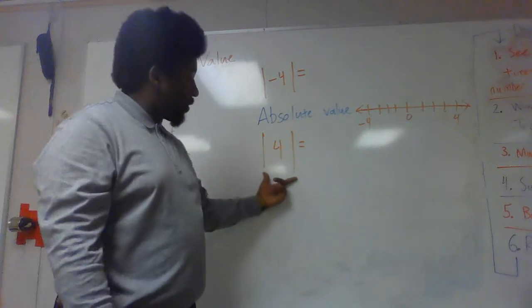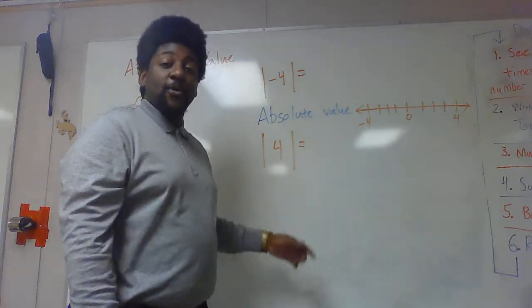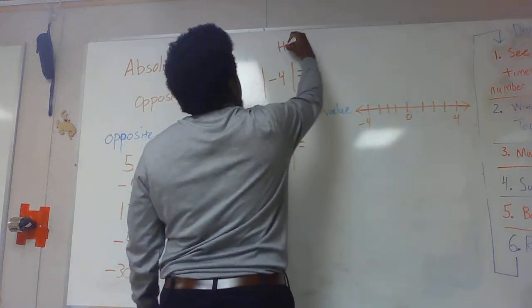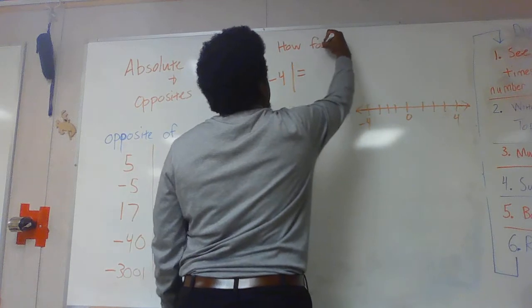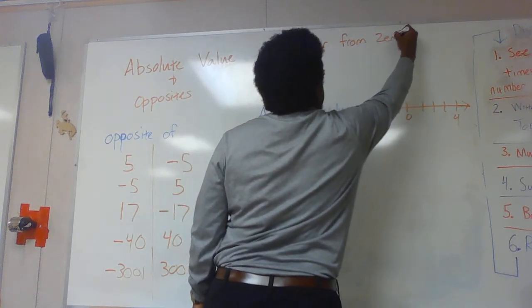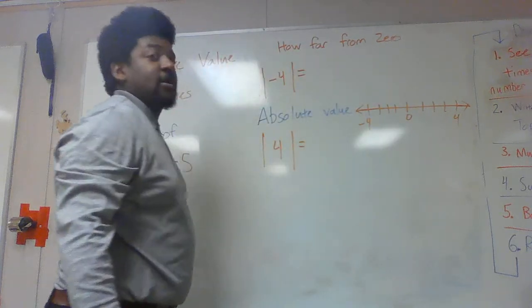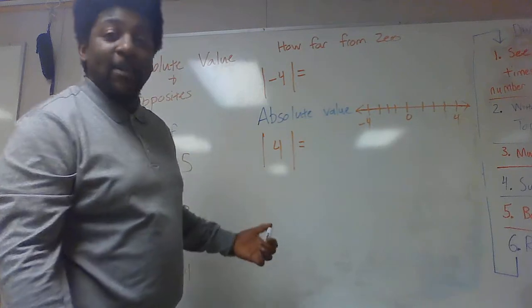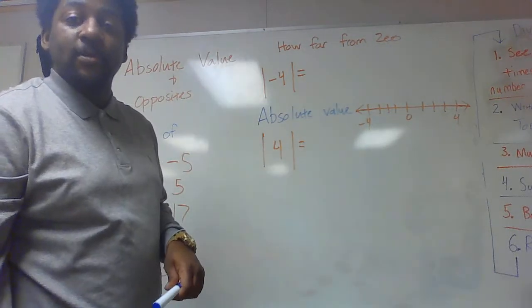If you see two straight lines like this around a number, what they're really asking you is how far from 0. So how far from 0 literally means how many spaces is that number from 0.